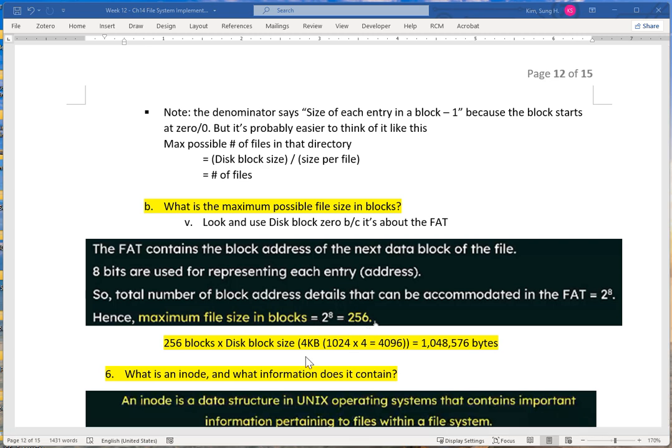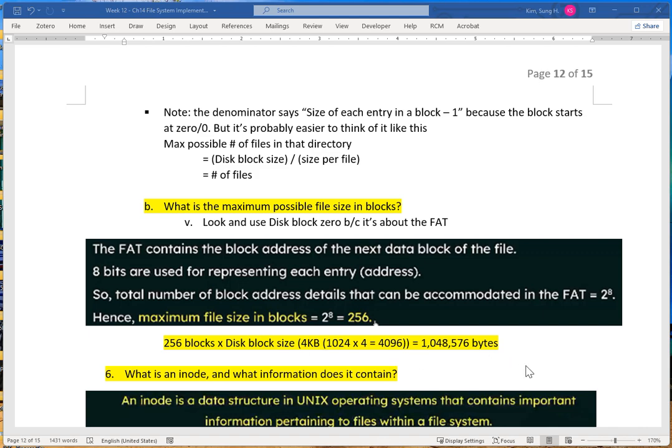This tells you how many blocks you can have, and if each block is 4K and you multiply those two together, you get the biggest file you can put together, which is about 1 gigabyte. So that's how you do the calculations for the maximum file size, the biggest file you can put.